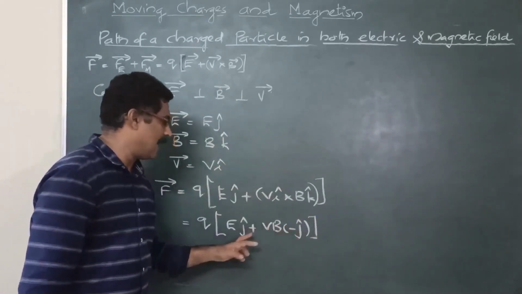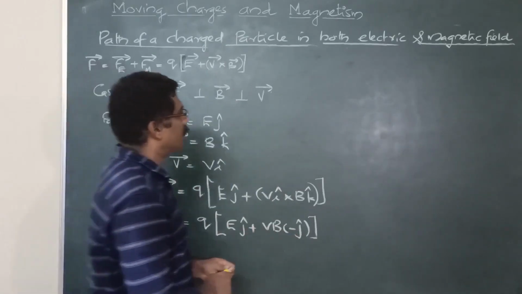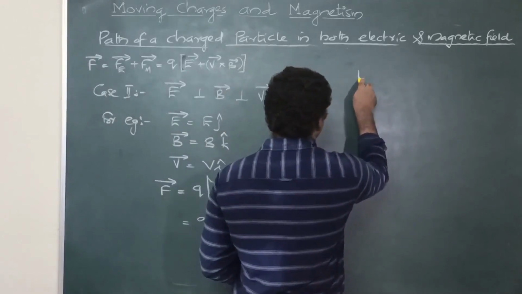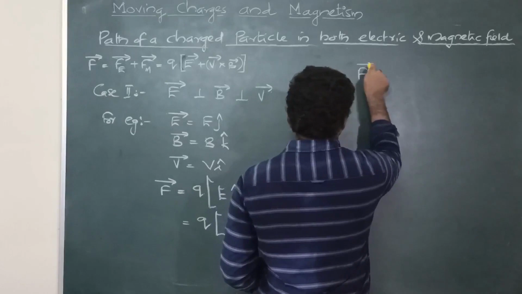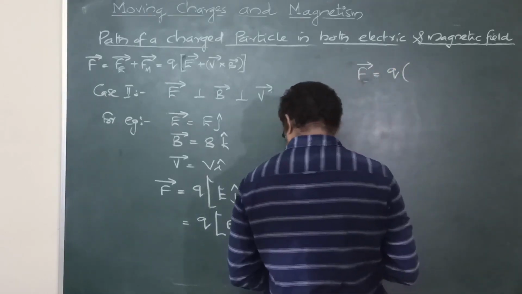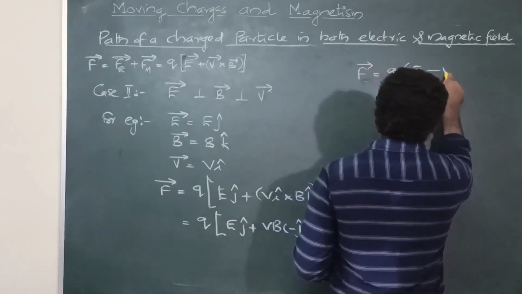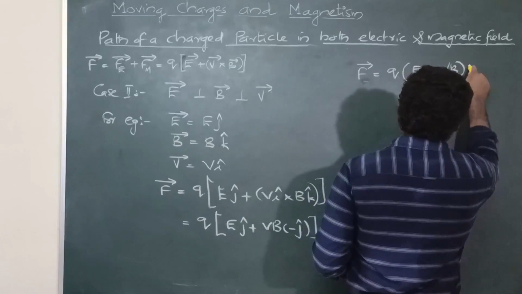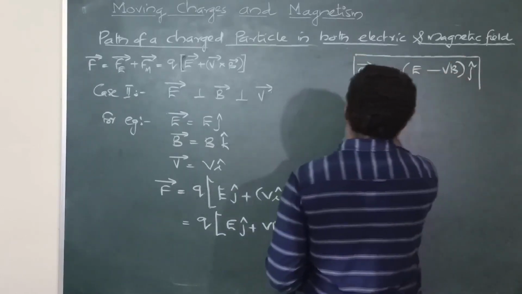In both terms j cap is common. You can take it out. So the net force acting on the particle is given by F vector is equal to Q into (E minus VB) j cap. So this is the net force in this case.